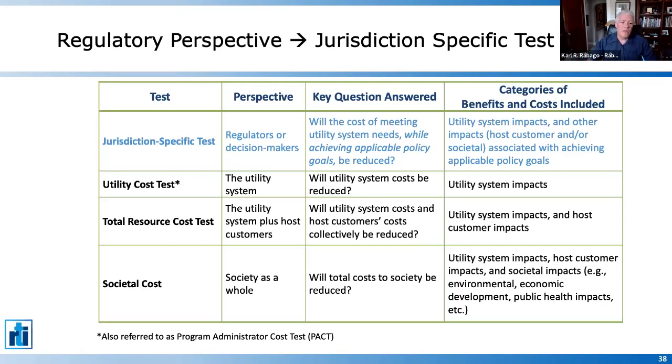In other places, you use strict categories of tests, but you don't inform them by specific local policy. We think that's unreasonably constraining for a specific jurisdiction. Don't get me wrong, the pre-existing tests might perfectly match with your policy objectives. In which case, great. But if not, you have the flexibility to develop that jurisdiction-specific test.